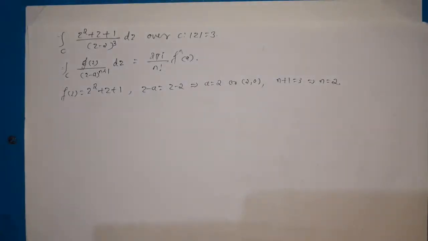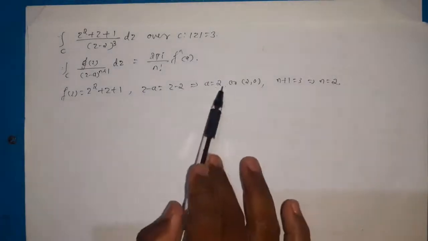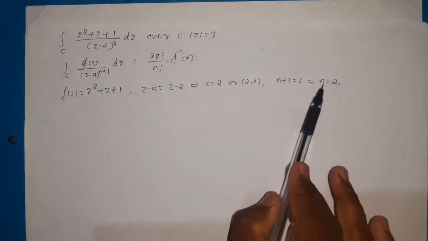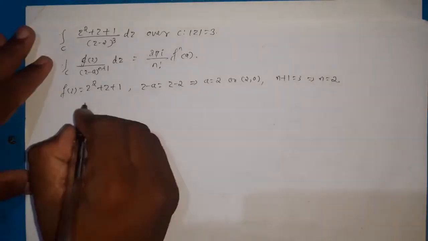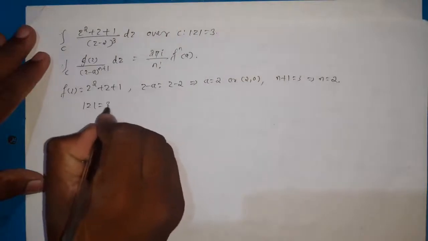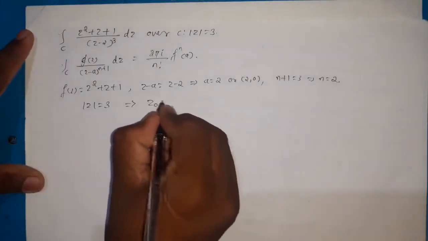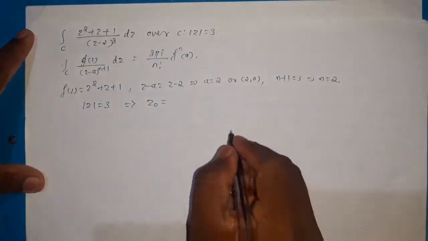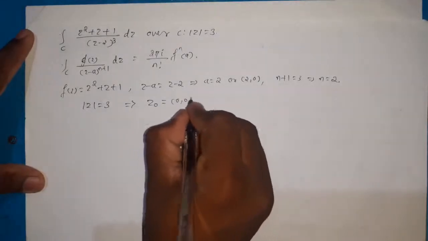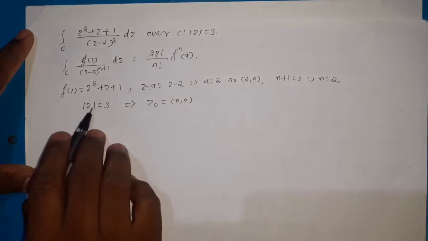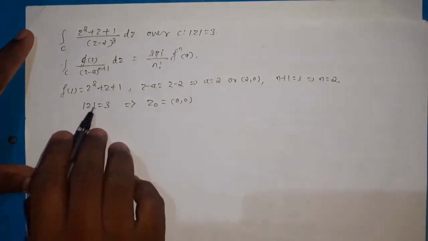So here we got f of z, the value of a and the value of n, and the given circle is mod z equal to 3, right? Now the center of the given circle can be considered as z naught, which is equal to (0, 0), because z minus z naught, or z minus a, gives the center of the circle.